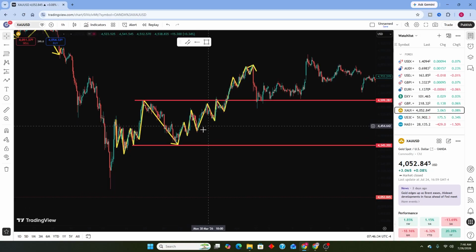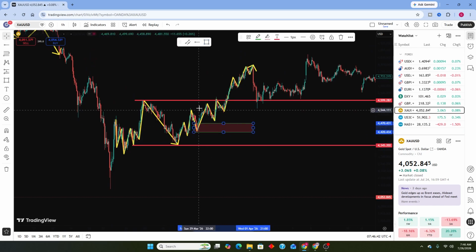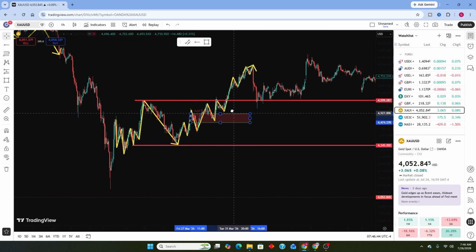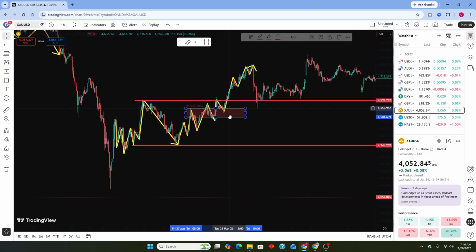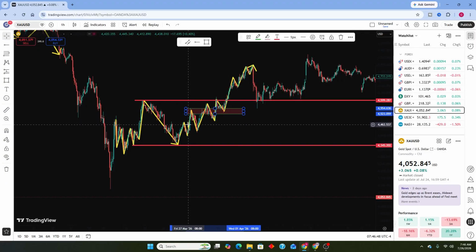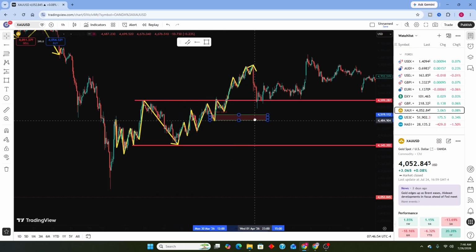In these areas, right? Did it come in this area? Did it come in this area? No. It pushed up. Your next opportunity is up here, right? It looks ugly. Okay. No. Cool. Your next opportunity is here.